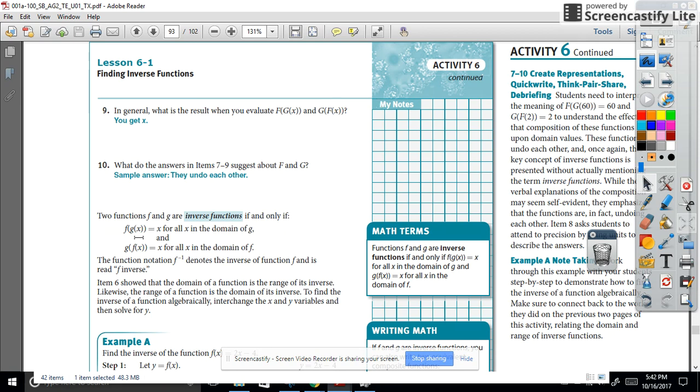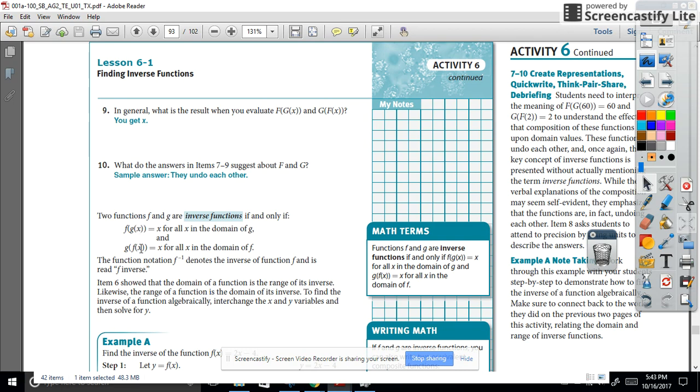And this is talking about right here that when you have composite functions, f and g are inverse functions if and only if the domain of this function is also the domain of this one, the inside one.